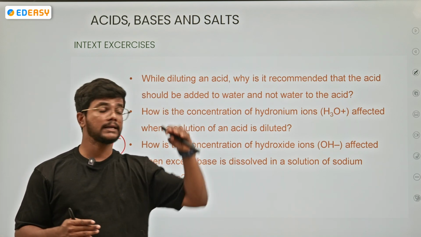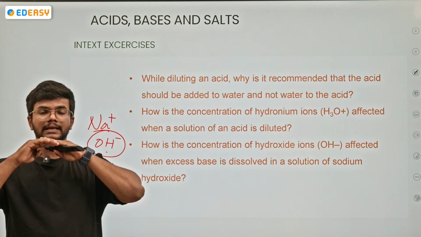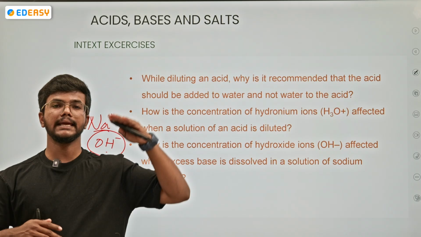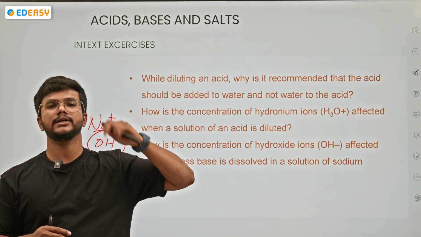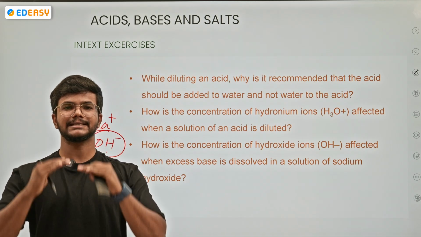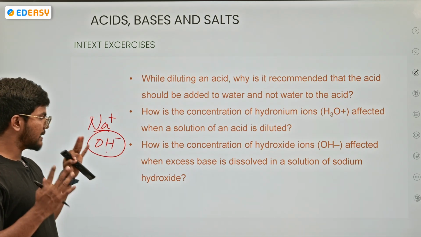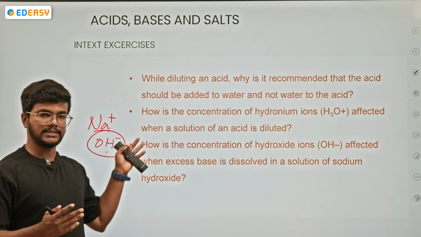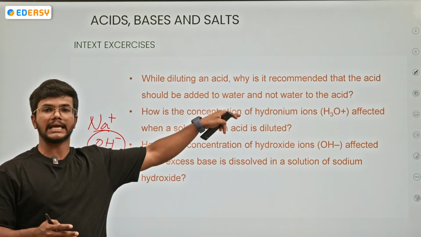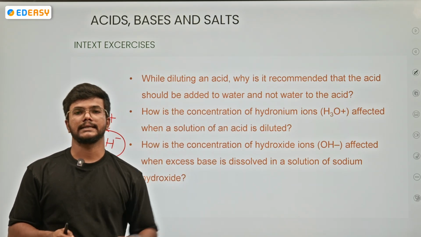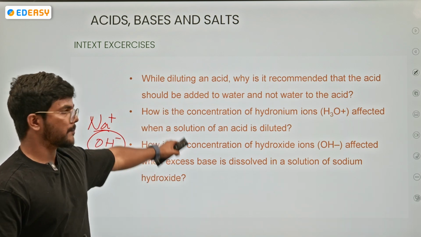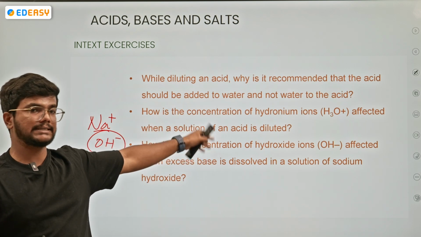But at some point, OH ions will be completely filled in the solution, so it won't conduct electricity; at high dilution, the conductivity decreases. So remember, NaOH dissolving in water can conduct electricity, and HCl or any other acid dissolving in water can conduct electricity. Hope you understand these common properties of acids and bases which let them conduct electricity.